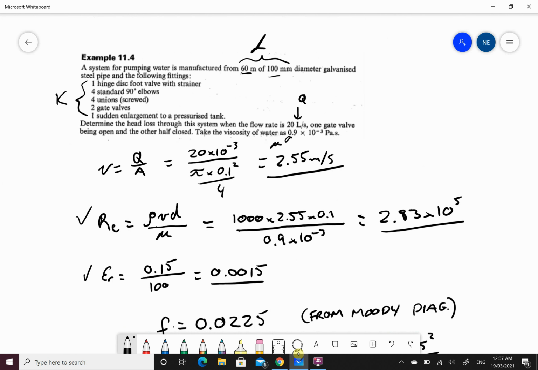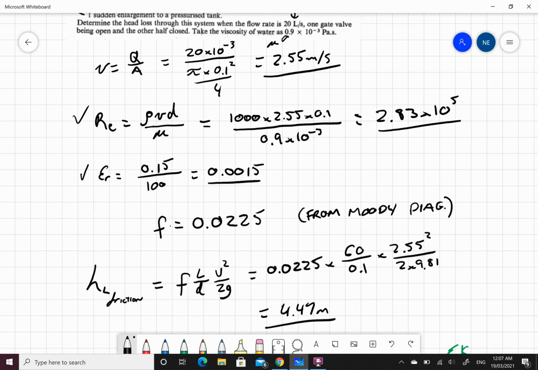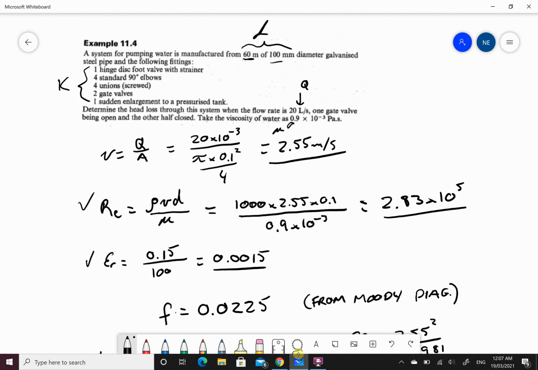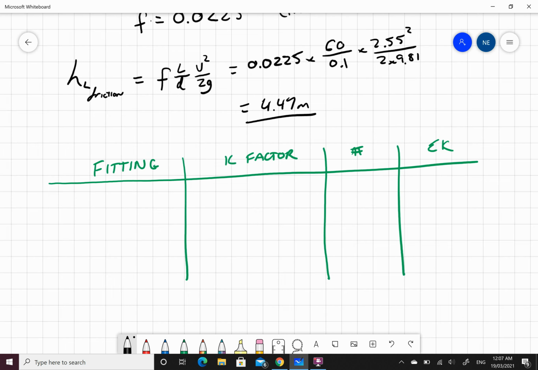I have one hinged disc foot valve with a strainer, 4 standard 90 elbows, 4 union screwed, 2 gate valves, and 1 sudden enlargement to a pressurized tank. I have one gate valve that is open and the other that's half closed or half open.